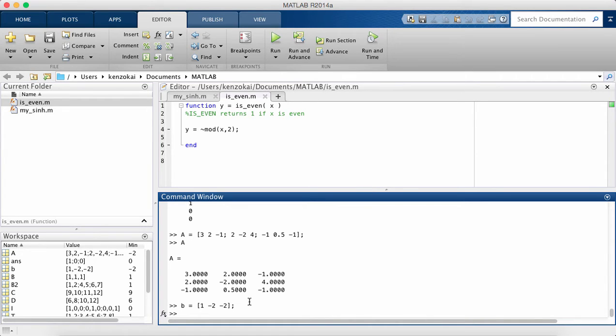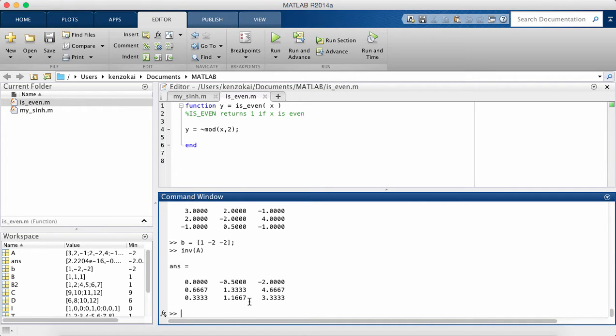When you're working with equations like this, you might be tempted to do just simple algebra. So you could say x is equal to the inverse of A times B, because mathematically that works. So I can do that.